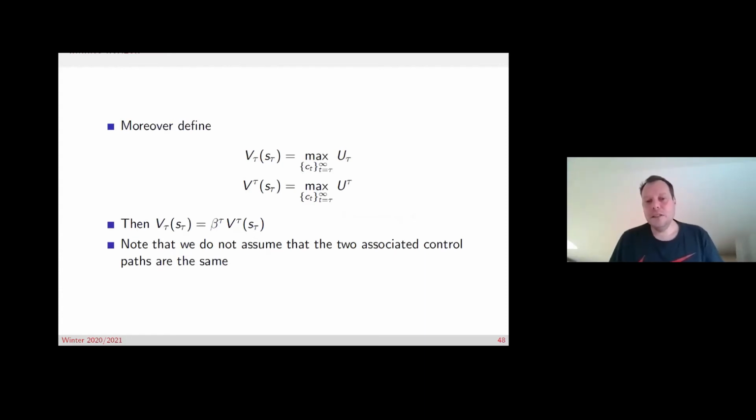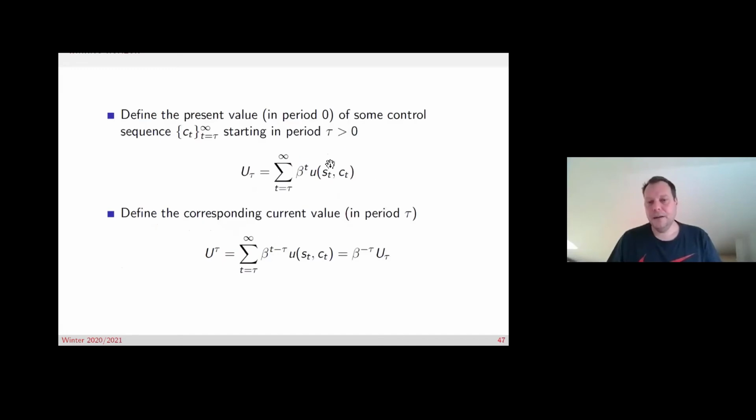And the only difference is I have to discount everything that starts in the future to today. And this is due to the fact that these objectives are the same, basically. They do not differ. The only thing that matters here is obviously what would be the state here. Okay, so basically those two problems are the same.